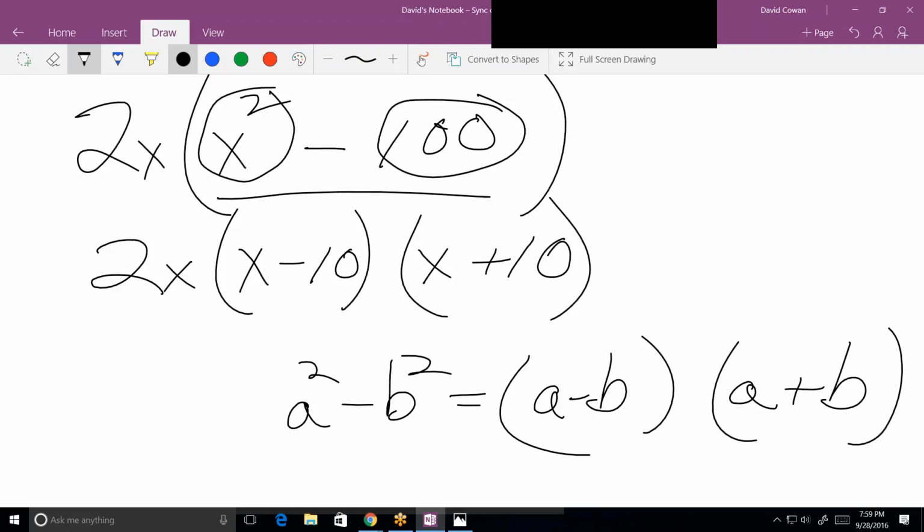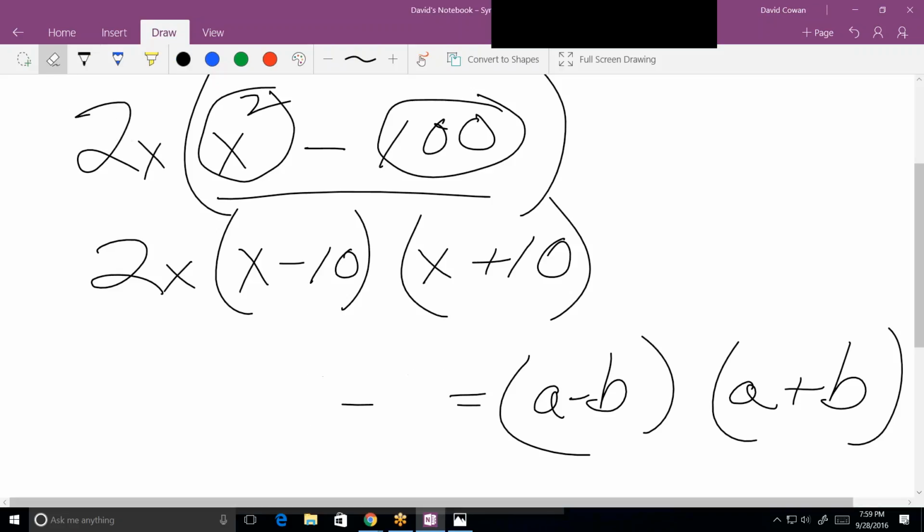In this case, a is x and b is 10. In other words, b is the square root of the second term. The square root of 100 is 10. So it's x minus 10 times x plus 10, and that's your final answer.